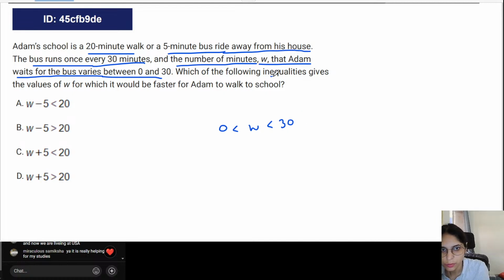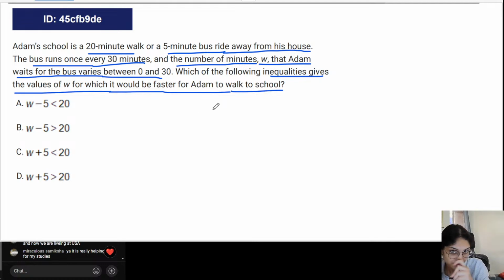Which of the following inequalities gives the values for W for which it would be faster for Adam to walk to school? Okay, faster for Adam to walk to school means what? Your walk time is less than your bus time.